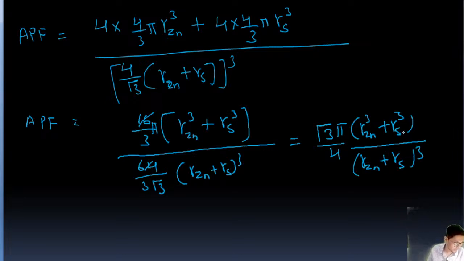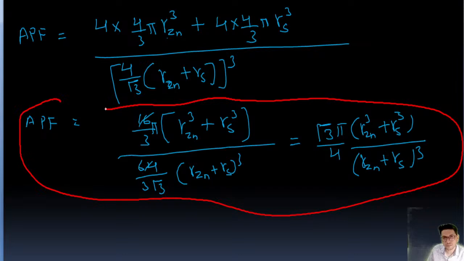Okay, this is the important thing. Very important formula, APF. This is the atomic packing fraction for zinc blende structure, ZnS structure. So root 3 pi upon 4 times r Zn cube plus r S cube upon r Zn plus r S whole cube.